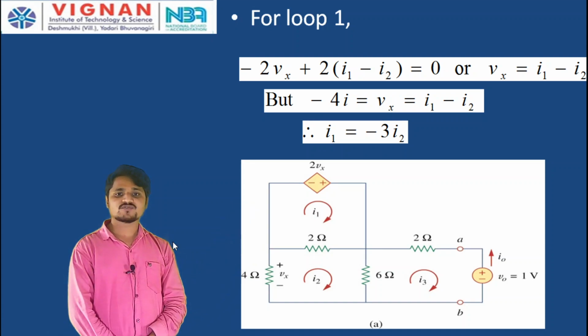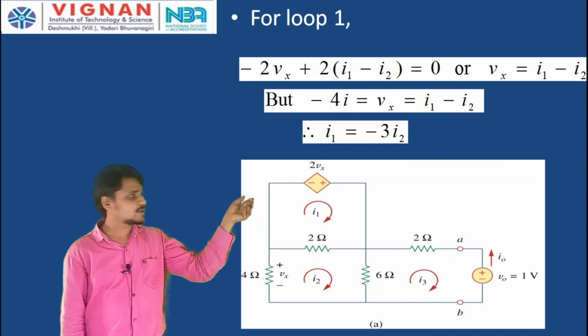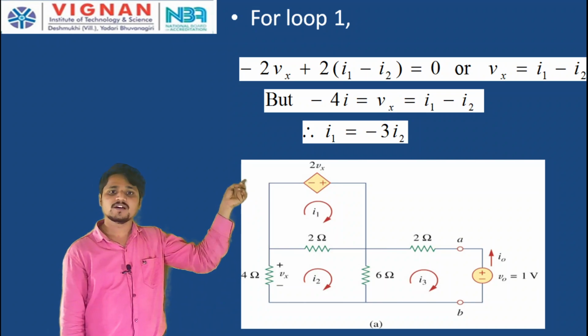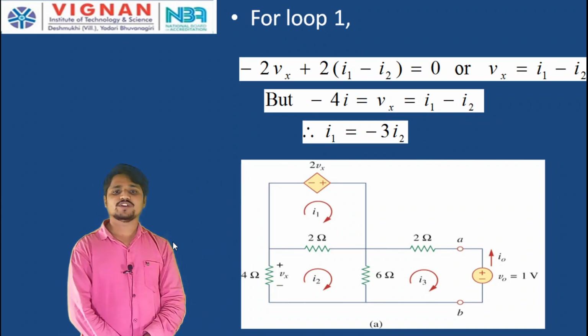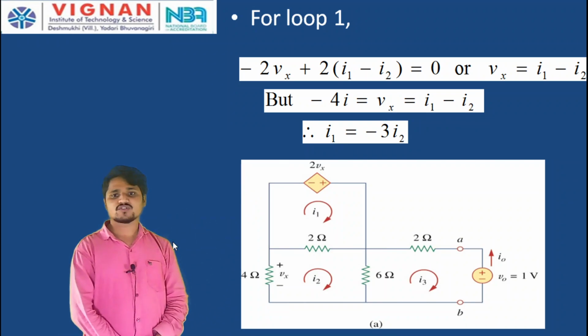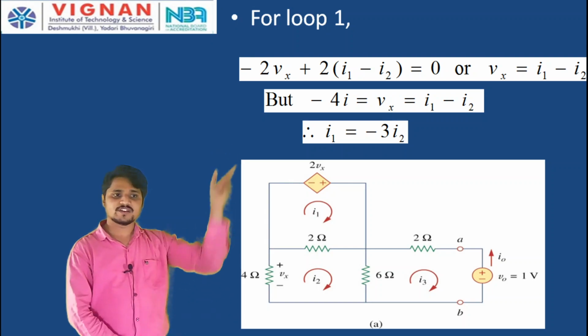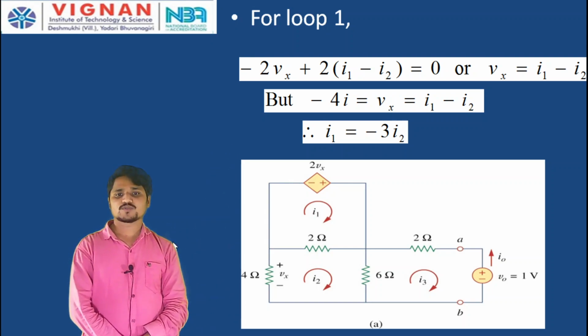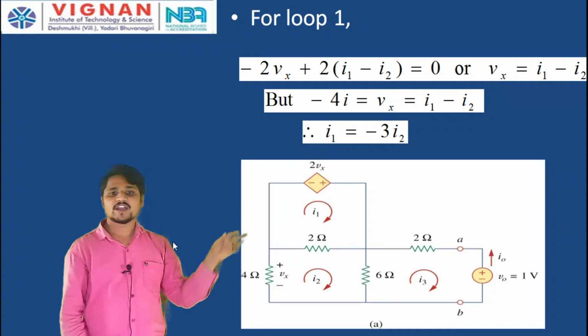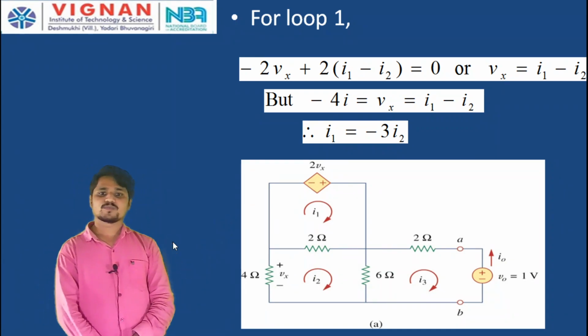Therefore, minus 4 into I2, sorry, not 4 I, but minus 4 I2 is equal to Vx. But from equation 1, Vx is equal to I1 minus I2, you substitute it, then you can find I1 is equal to minus 3 I2.